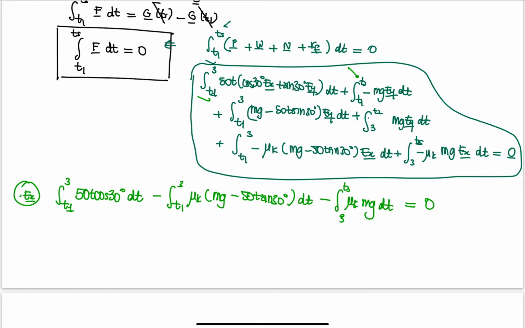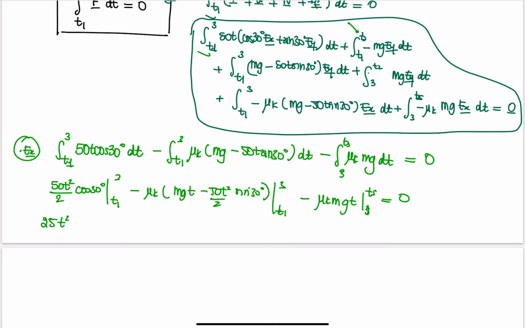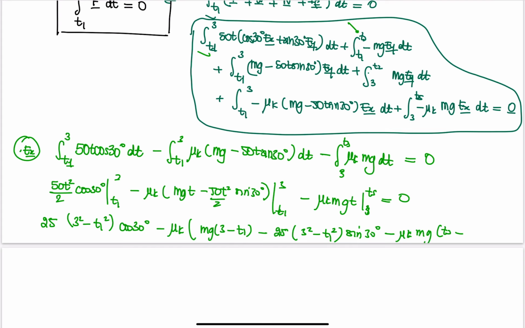That should be easy to integrate. 50t squared over 2 cosine 30 degrees evaluated between T1 and 3, minus mu k times mg t minus 50t squared over 2 sine 30 degrees, evaluated between T1 and 3, minus mu k mg t between 3 and Ts, equals 0. So 25 times 3 squared minus T1 squared, times cosine 30 degrees, minus mu k mg times 3 minus T1, minus 25 times 3 squared minus T1 squared, times sine 30 degrees, minus mu k mg times Ts minus 3, equals 0.